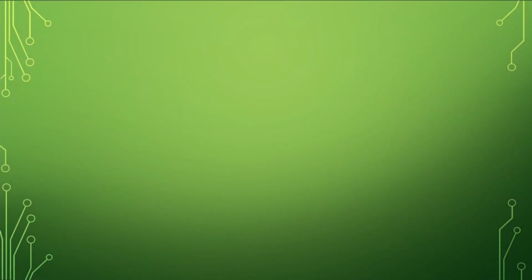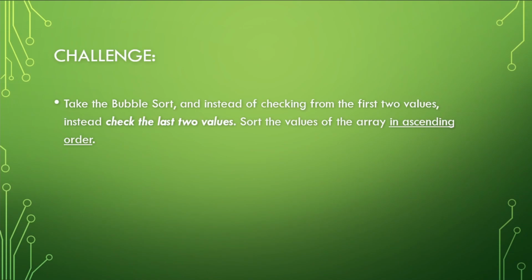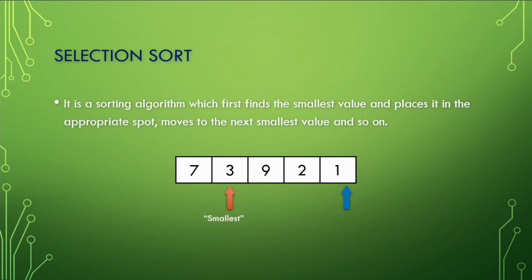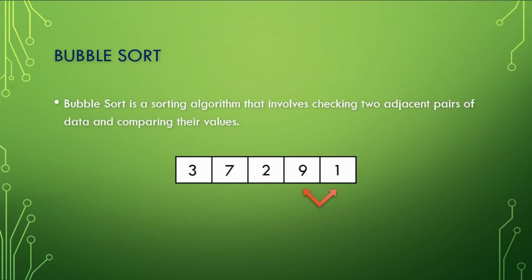But before you guys leave, I would like to give you a challenge. Take the bubble sort, and instead of checking the first two values, check the last two values. So if you remember, in our bubble sort over here, we check the first two values and then move on from left to right.